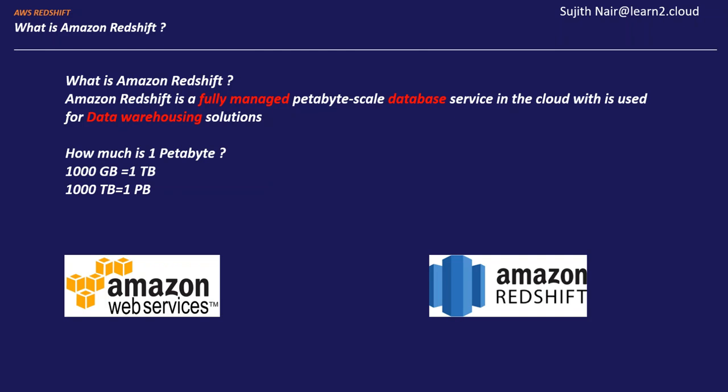So Amazon Redshift is primarily suited for data warehousing solutions. The other important point that we need to understand is what fully managed means. To understand what fully managed means, we have to first understand what is not fully managed.